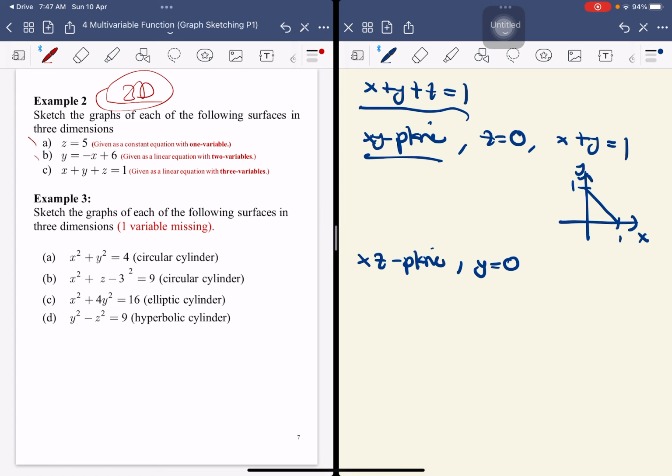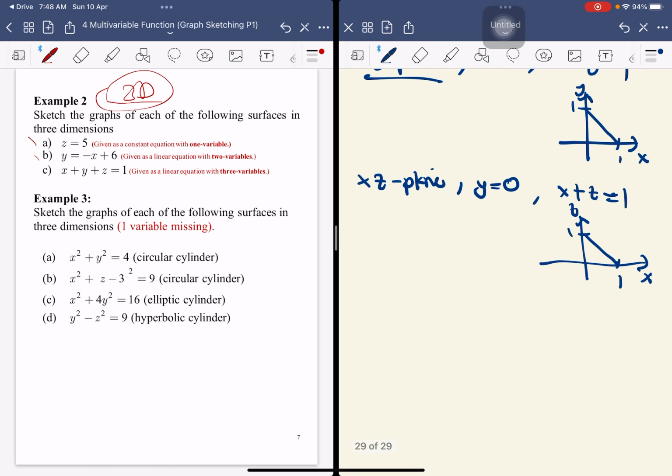That's why the easiest way is to set z equal to 0, so you're going to have it like this. The same goes for the xz plane: you're going to have x plus z equal to 1. If you sketch it, you're going to get the same graph, it's just that the axis is different.